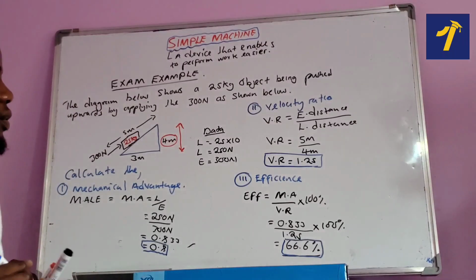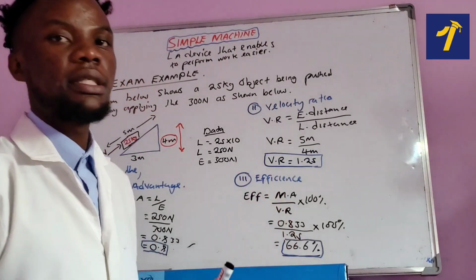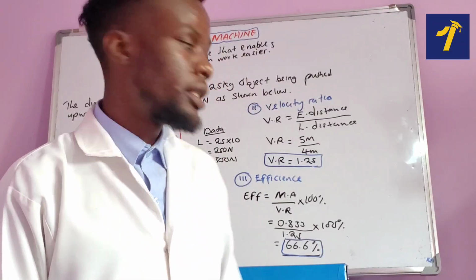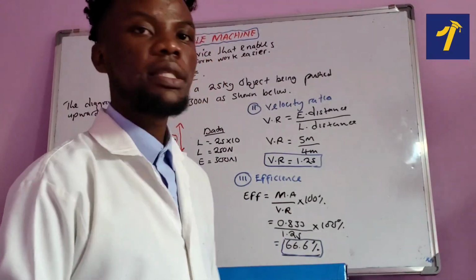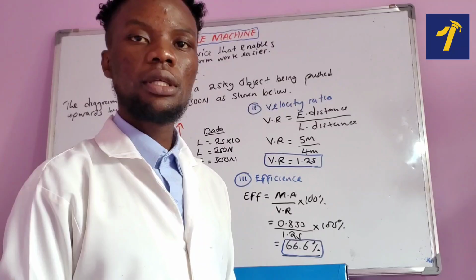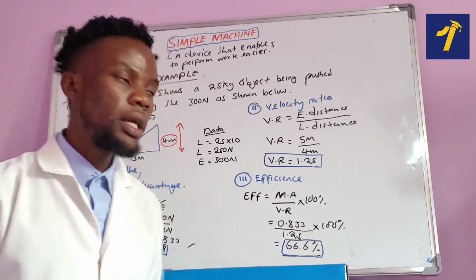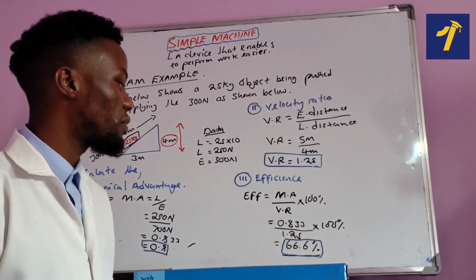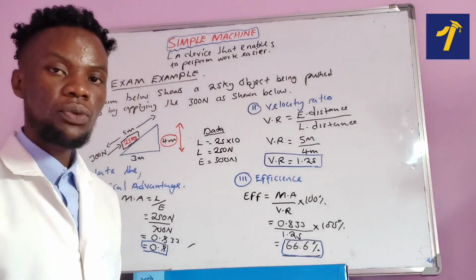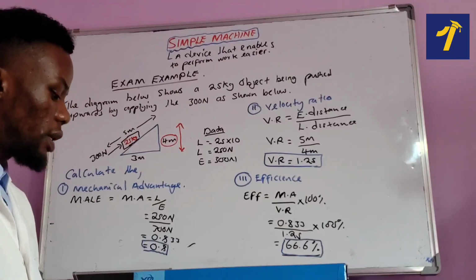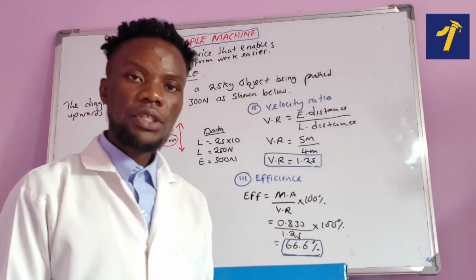66.6%. And the question that they can ask you about this efficiency is, why is this machine not working at 100% efficiency? Because the answer here is 66.6%. Now they are asking you to tell them the reason why this machine has this efficiency. What could be your answer? Your answer is that it is because of some frictional force.